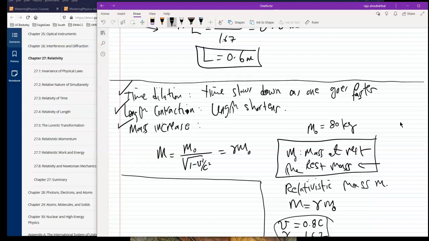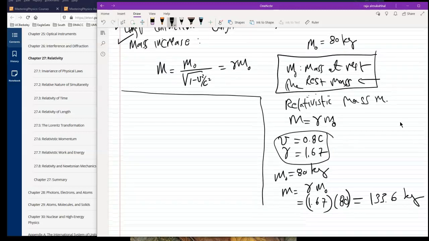All right. Now, when it comes to momentum, remember momentum is equal to what? mv, right? The regular classical momentum. Well, to be more precise, m naught v, because that's the rest mass.